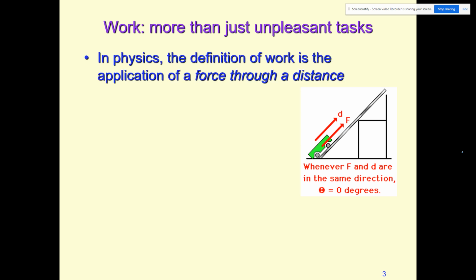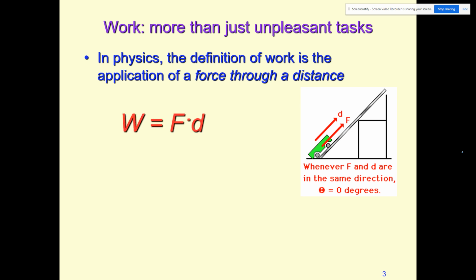In physics, we like to define work as getting something done. So basically, applying a force that actually does something. And forces, remember, change motion. So in this case, we're going to have that force push or move an object a certain distance, and that is what we call work.